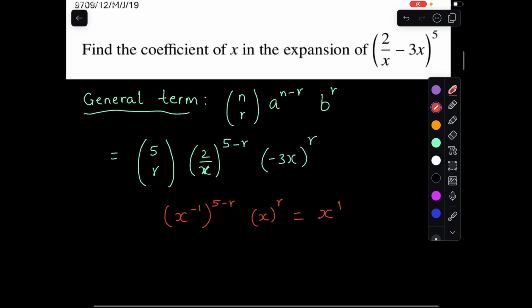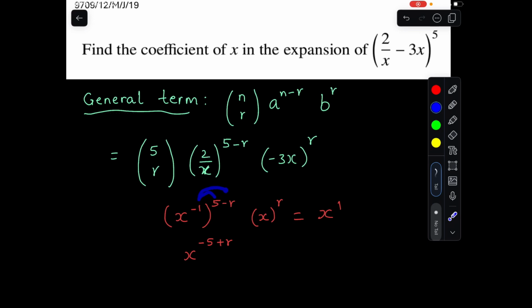So apply the rules of indices. So this is going to be x to the power of minus 5 plus r. Remember, we are multiplying by minus 1. So minus 5, minus into minus is plus, minus 5 plus r from here.